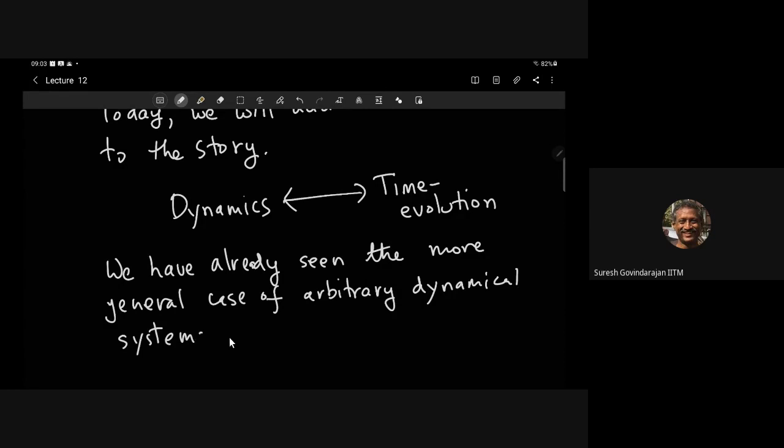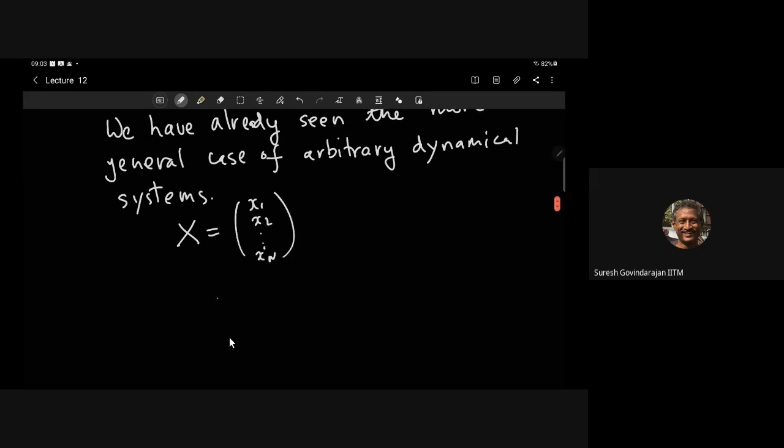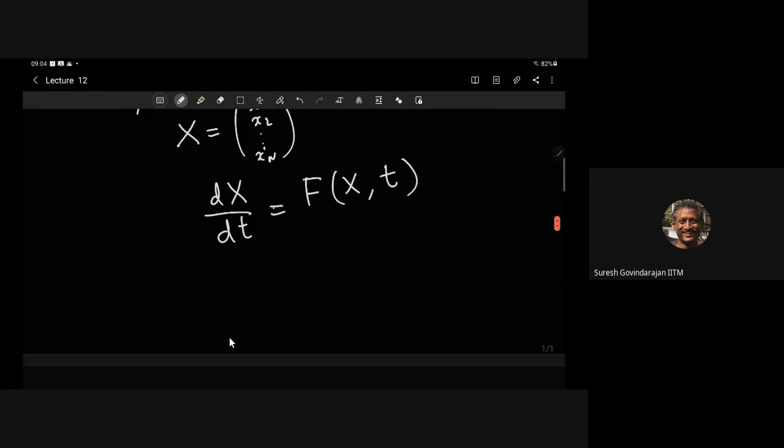There what we had is we considered some capital X variable, which is x1, x2, whatever, to xn, and equations of motion would be some dX by dt, which would be some vector function. So this is also a vector function of X and possibly time. Okay, so we've already seen this, but we will not consider this class of systems.